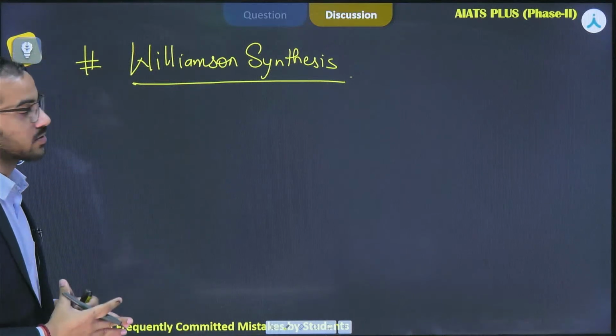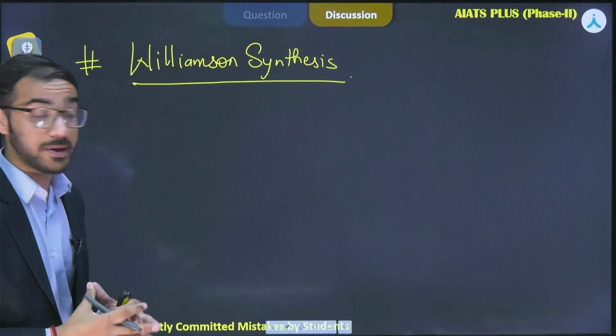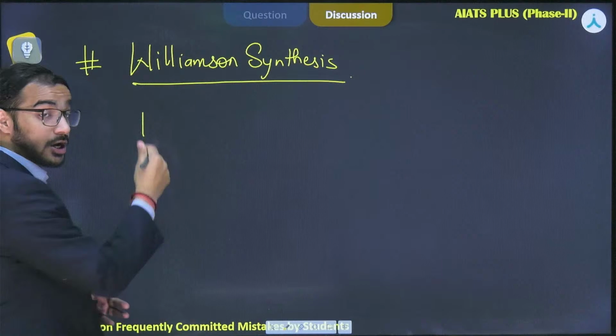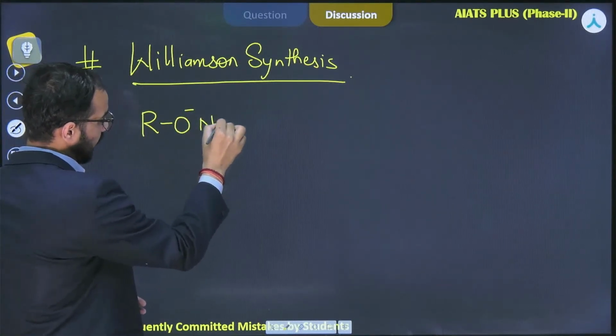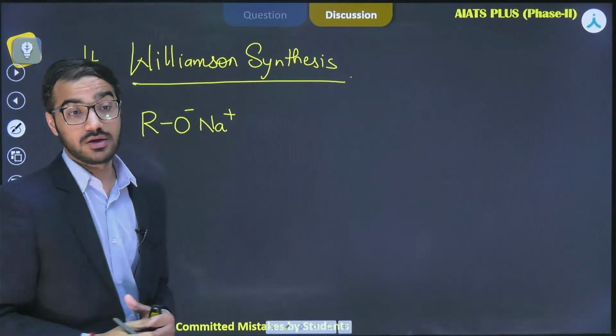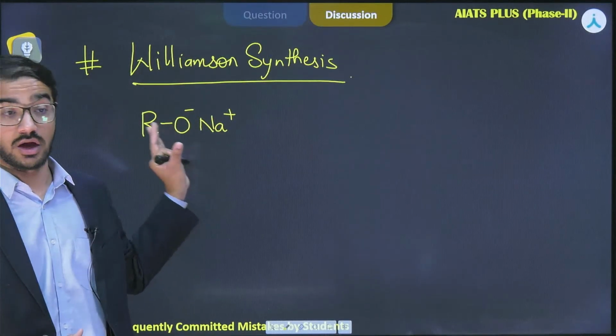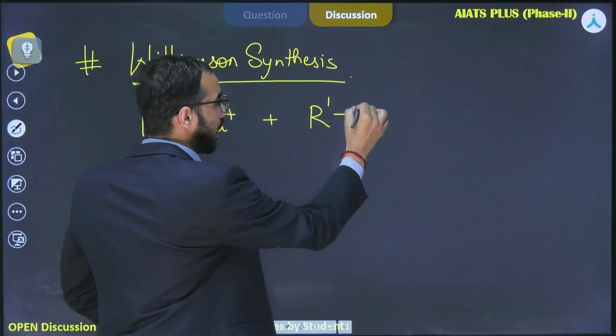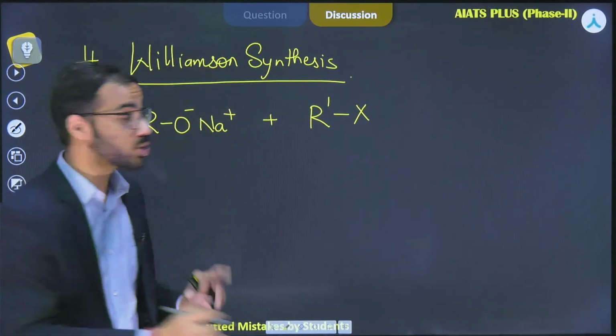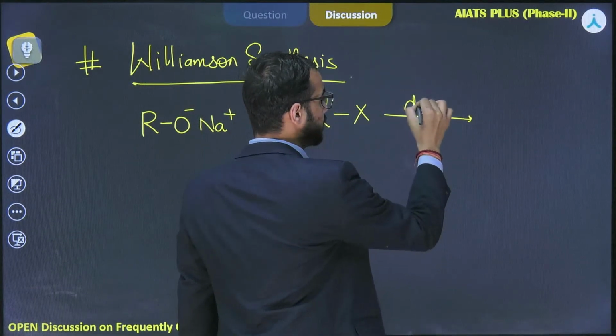Absolutely, Williamson synthesis. In Williamson synthesis, you are given an alkoxide ion, we can say RO minus Na plus. You react the alkoxide ion with an alkyl halide in the presence of dry ether.